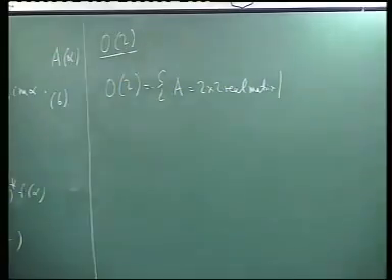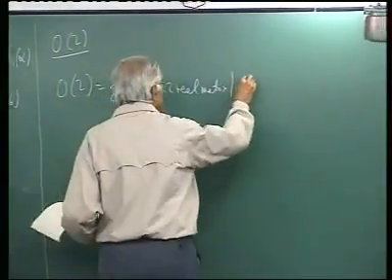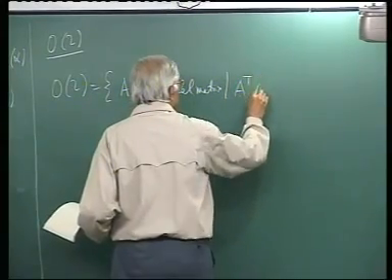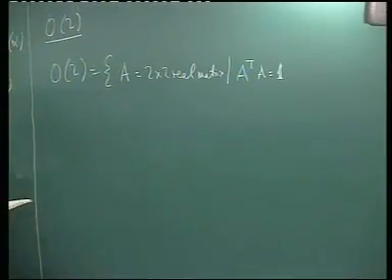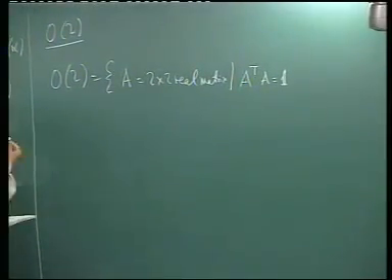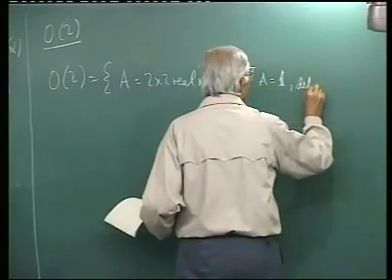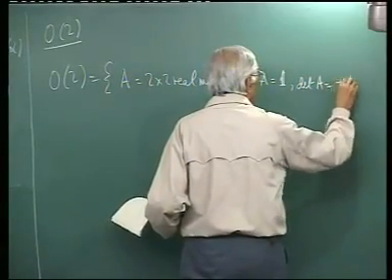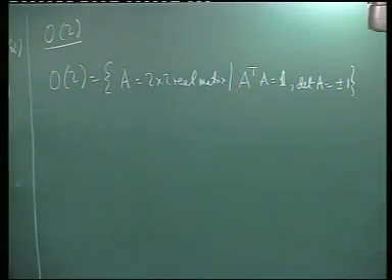So its defining representation consists of all real 2 by 2 matrices which obey two conditions. A transpose A should be 1, and that was one of the defining conditions for SO2 also. But now we allow the determinant to take both possible values, +1 as well as -1.